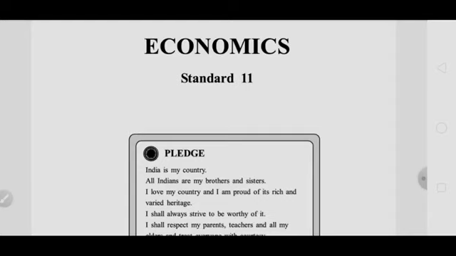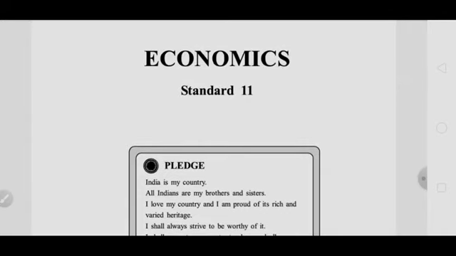Economics is a very well-known word in today's world because in all situations the government uses economic variables for controlling the economic situation of a country. So from the point of view of commerce, economics is also a very important subject.